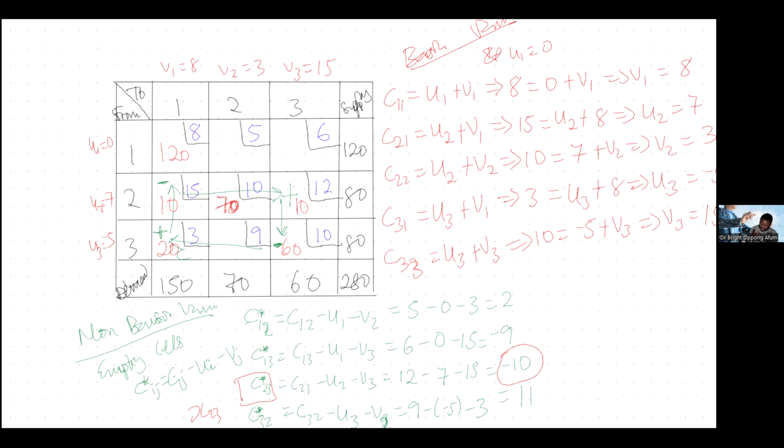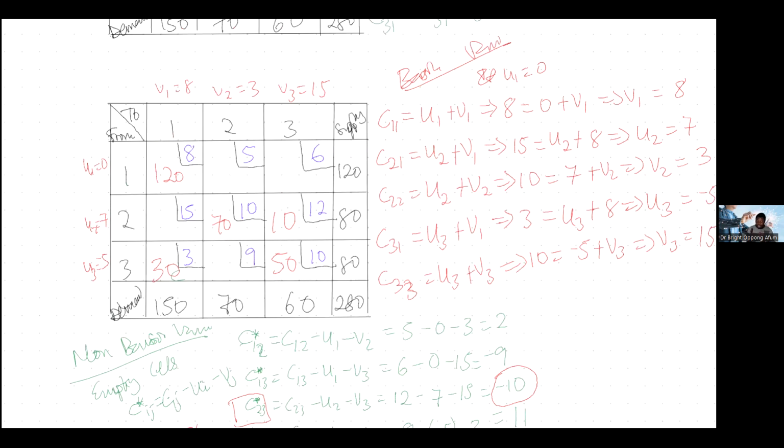So it changes the 60 to 50. Then it goes to the left, so it adds plus 30. Then it goes here to take this out. So if I clean the tableau, I'm going to have this table. All right, so this is that tableau. I think this one is clear.